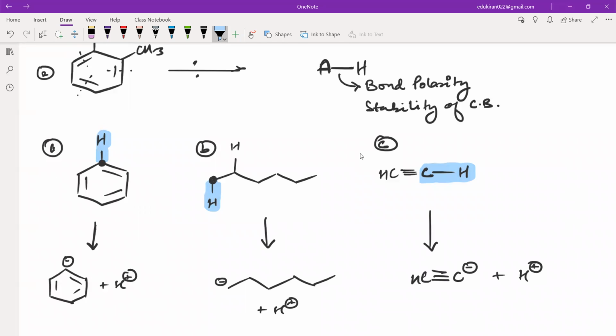Then if they are having pi bonds, whenever I ask you about the difference in carbon, you either look at the 1 degree, 2 degree, 3 degree, or you will be looking at the hybridization. So can you tell what is the hybridization for this carbon atom? sp2. Very good.